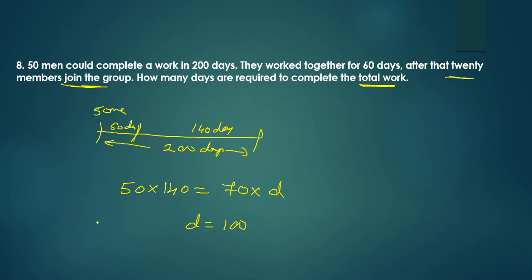So, the total work can be completed in 160 days. See, the remaining work can be completed in 100 days, but they started 60 days before, so the total work can be completed in 160 days.